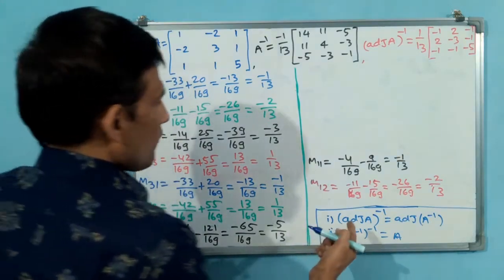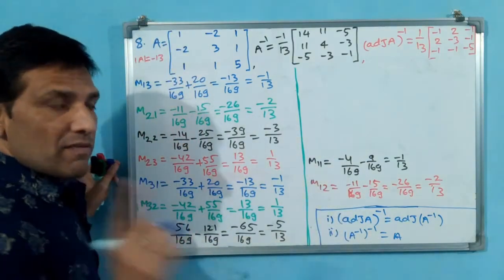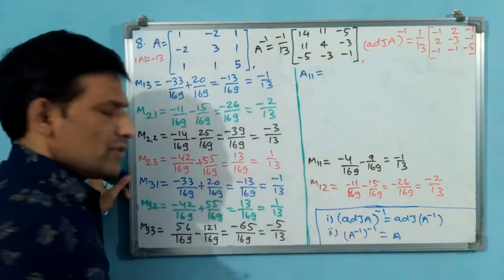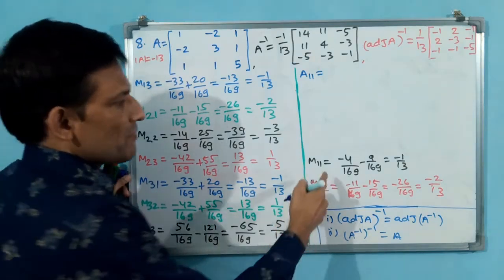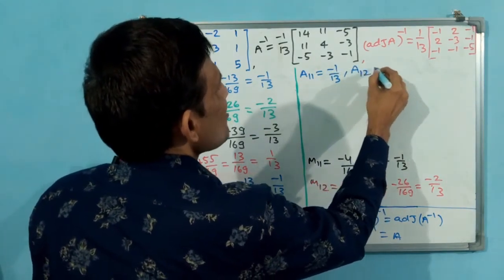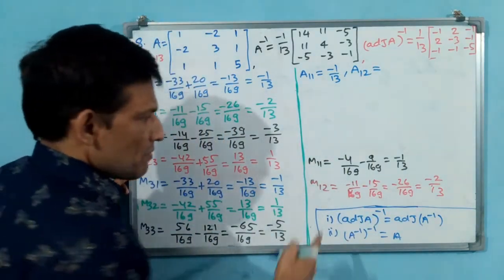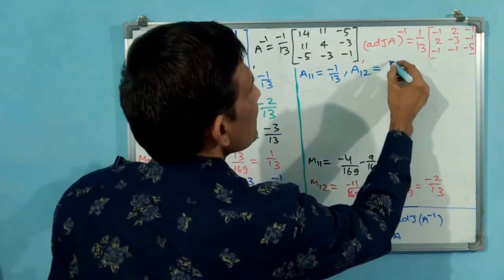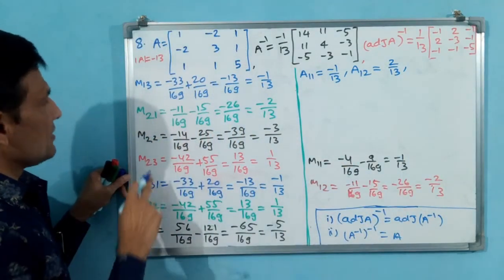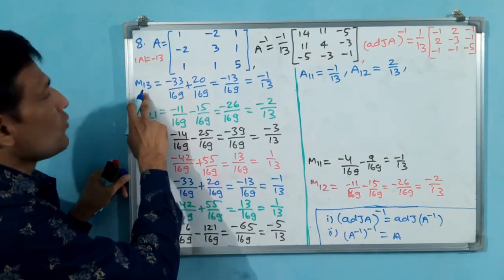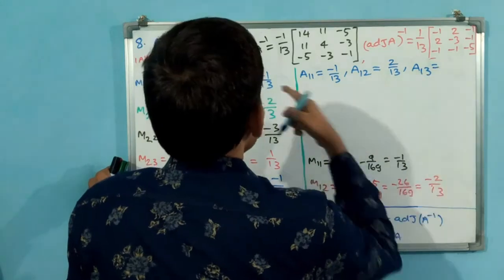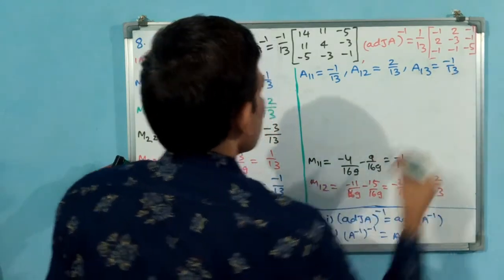Cofactor means A11. A11 means the same M11 will come, minus 1 by 13. And A12, we are changing the symbol of M12, 2 by 13. And what about A13? A13, we are writing minus 1 by 13.